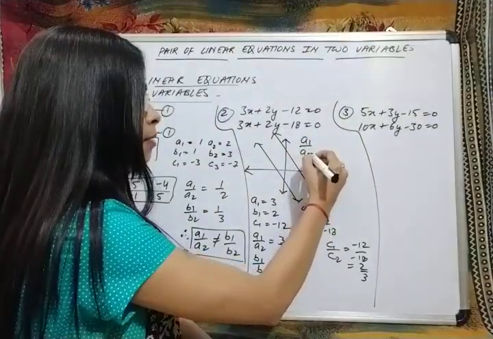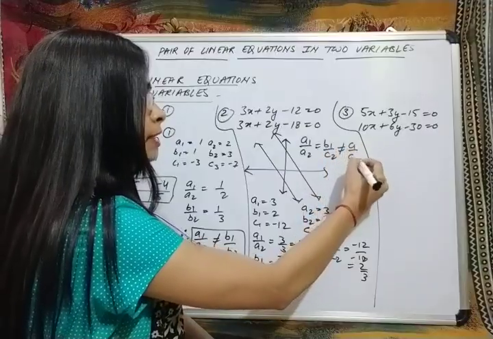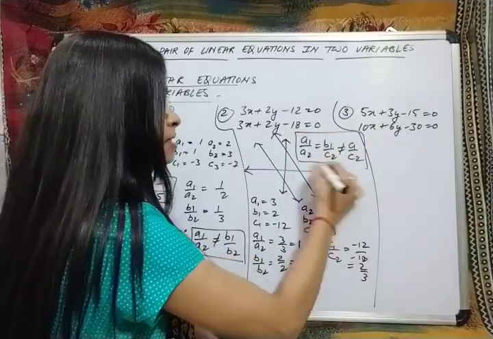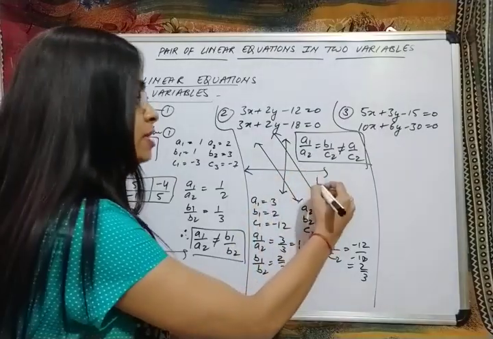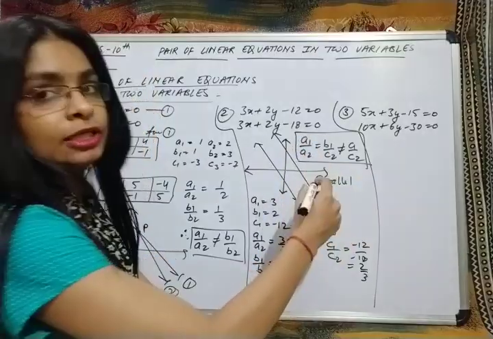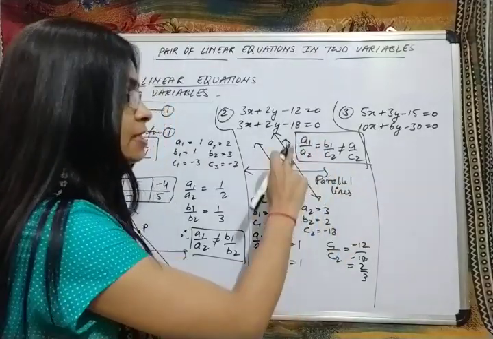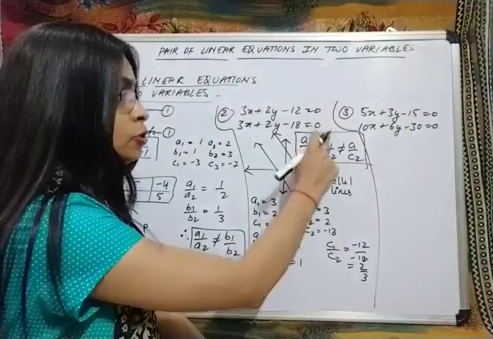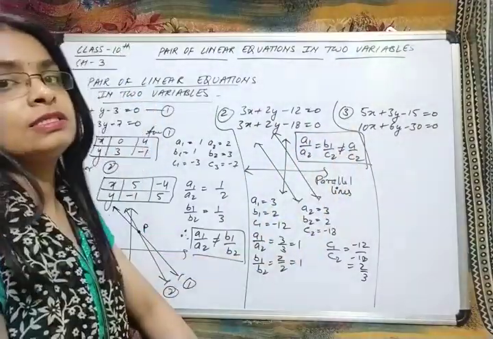A1 upon A2 is equal to B1 upon B2 but not equal to C1 upon C2. This is the condition for parallel lines. When the graphical representation of a pair of linear equations in two variables is parallel lines, then the condition is A1 upon A2 is equal to B1 upon B2, which is not equal to C1 upon C2.